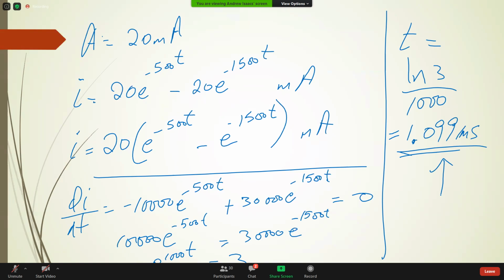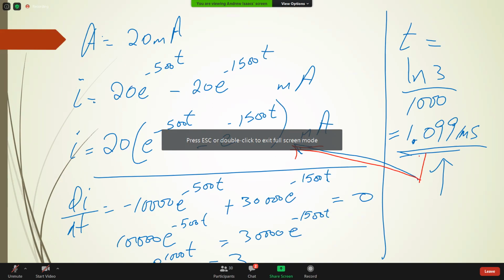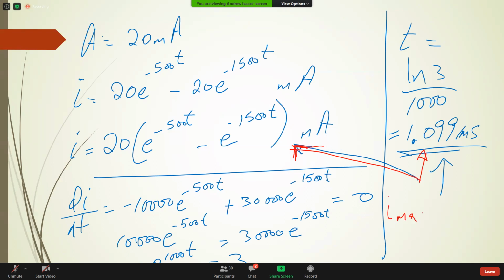All right. So now that you know the time at which it occurs, I want you to substitute that time into the current equation in order to find Imax. And what is Imax?